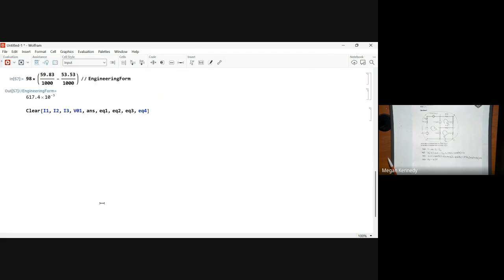So if we start to type in our equation, plus 67 ohms times I3, and that would equal 0. Our third equation equals 367.